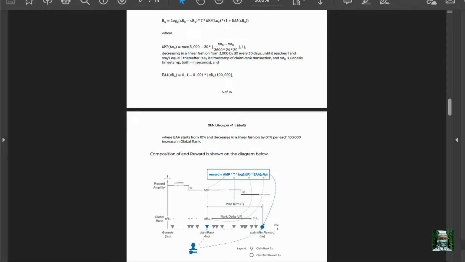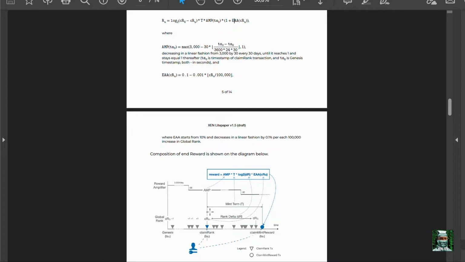We are before Christ right now, okay? So this is time 0 of the protocol. Then here is where you, for the first time, interact with the protocol.